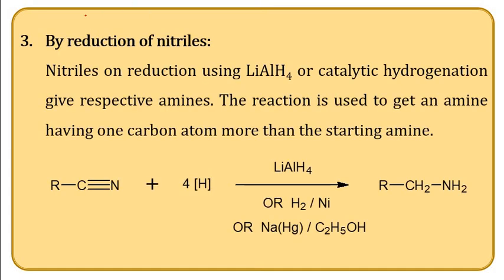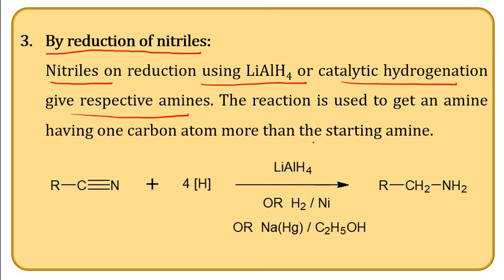Next one, we have the third method, called reduction of nitriles. Nitriles means cyanides; nitrile is the IUPAC name. Nitrile on reduction with lithium aluminum hydride or catalytic hydrogenation gives primary amines. Lithium aluminum hydride is the best and strong reducing agent for this process.